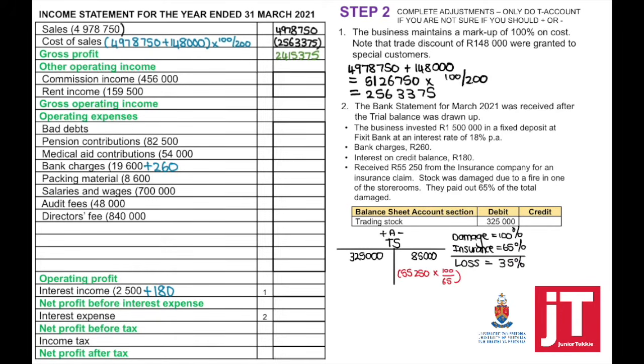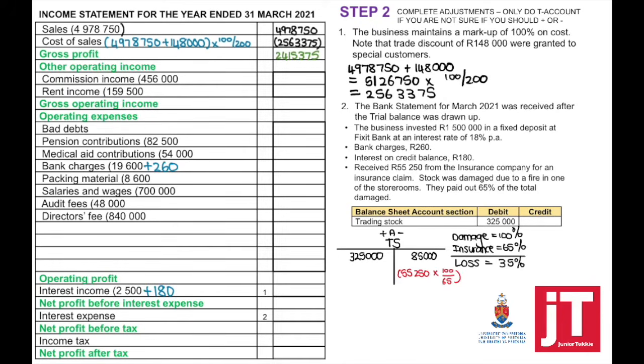So when we calculate this, the damage is equal to 100%. The insurance paid out 65%, which means our loss only amounted to 35%. So when calculating the total damage, the 100%, we're going to say 55,250 times 100 divided by 65. The 65 represents the amount the insurance paid out. To calculate the loss, I've got now two options.